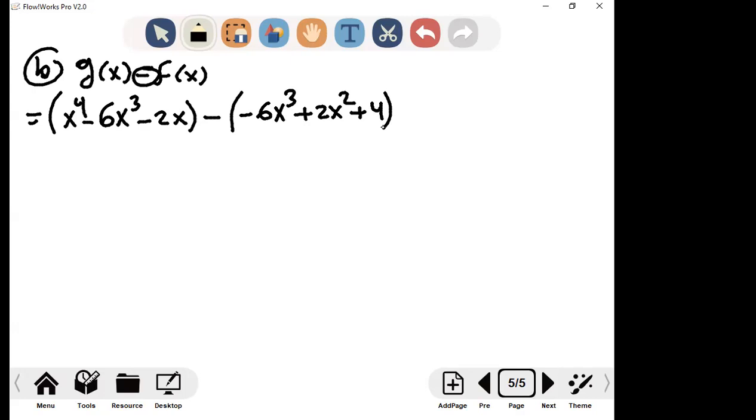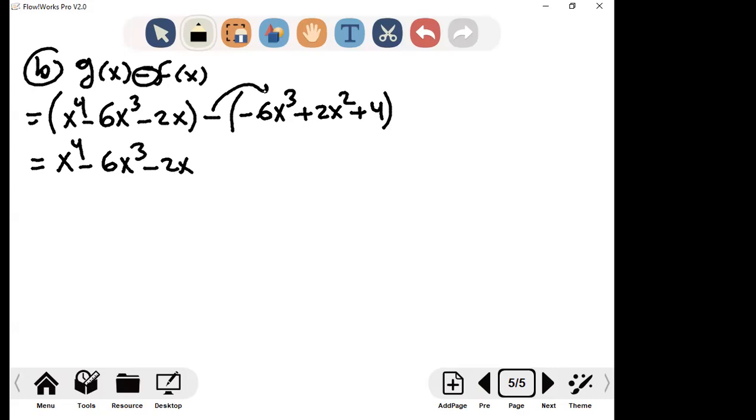Now, we said if we have subtraction, we distribute the subtraction first, remember? The subtraction changes the sign of the next parenthesis. The first parenthesis comes down. This is x power 4 minus 6x power 3 minus 2x.